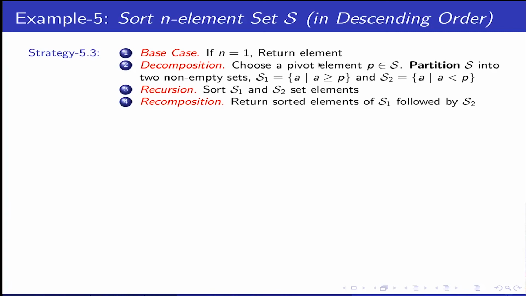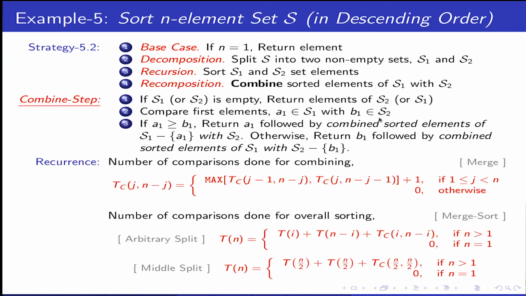What does it mean? Every time you decompose, you are partitioning into the left part the bigger elements and the right part the smaller elements. Further, from the bigger set, again bigger and smaller elements. In this way you keep growing, and when you reach the base, everything is sorted, you just combine and move off.